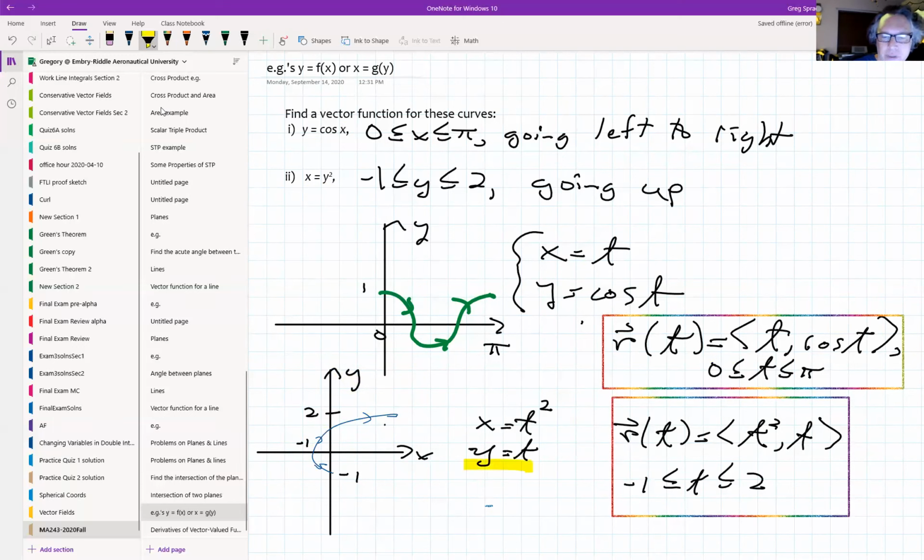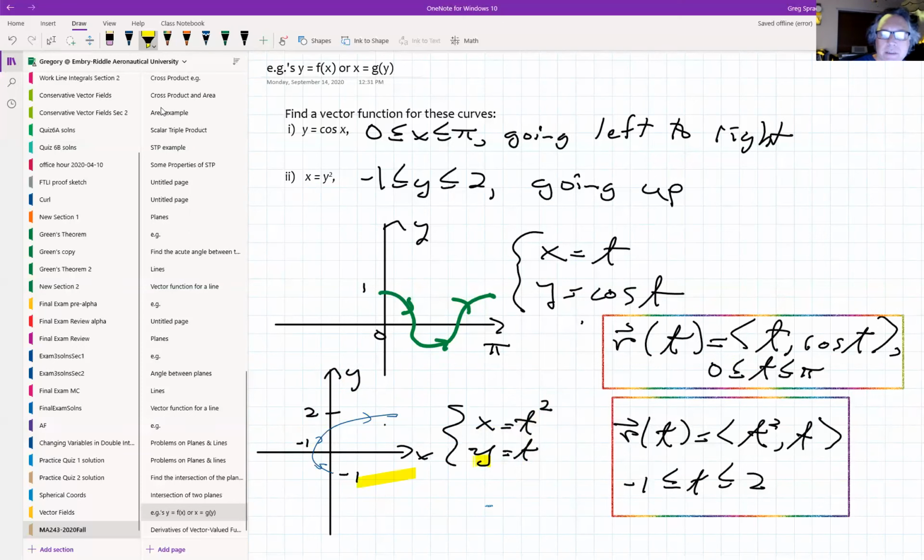So let y equal t. And since x equals y squared, x equals t squared, those are the parametric equations. Since y goes from -1 to 2, t goes from -1 to 2. Once you have parametric equations, it's easy to write the vector function. You just take the x and y functions and put them in a vector.